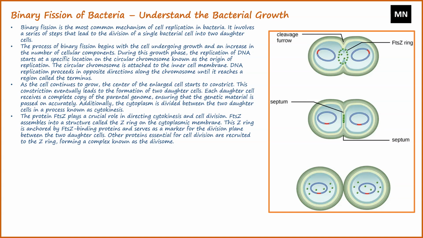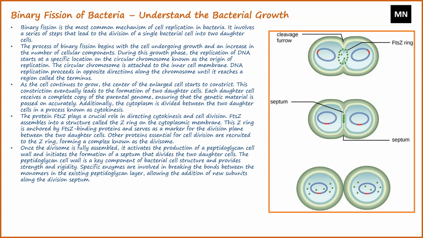This Z ring is anchored by FtsZ binding proteins and serves as a marker for the division plane between the two daughter cells. Other proteins essential for cell division are recruited to the Z ring, forming a complex known as the divisome. Once the divisome is fully assembled, it activates the production of a peptidoglycan cell wall and initiates the formation of a septum that divides the two daughter cells.